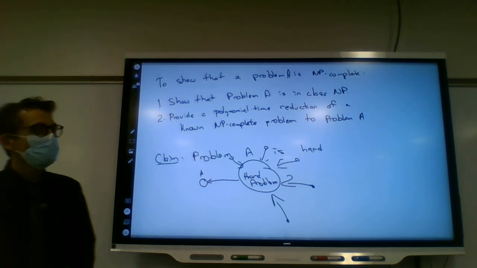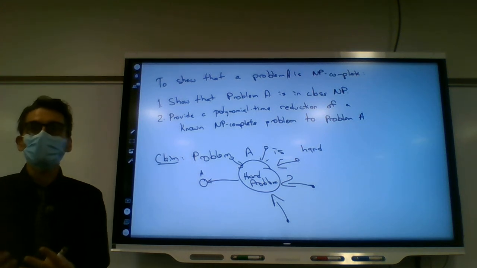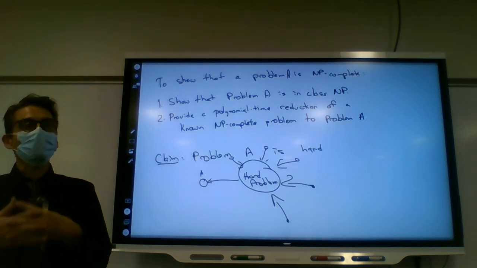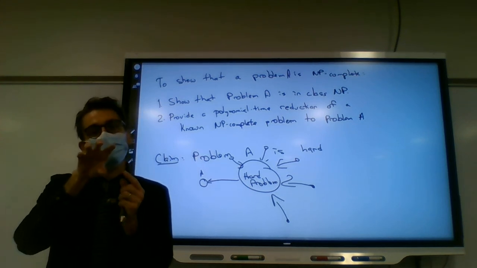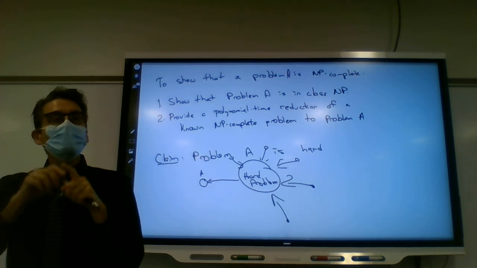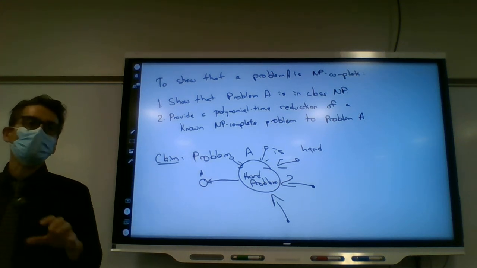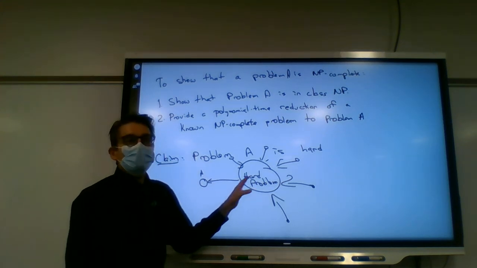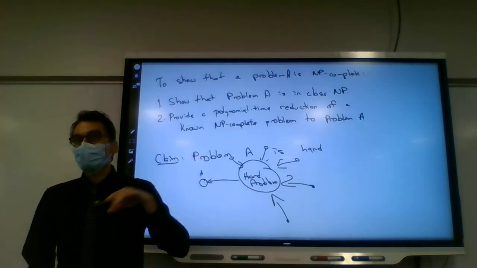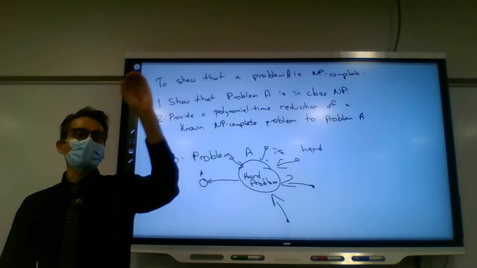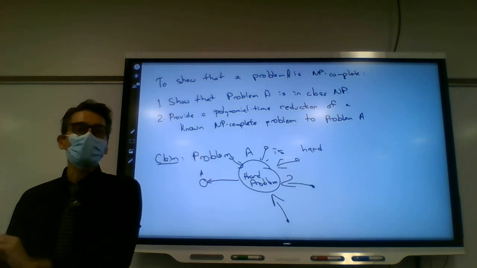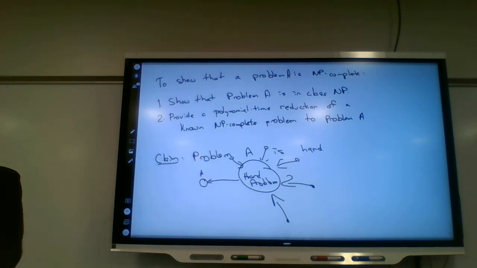Cook's theorem gave us a starting point, a single problem. From that point, all you have to do is figure out how to turn that problem into something else. Sometimes there are long chains where people have proved NP-completeness of certain problems, and Cook's theorem, satisfiability, is way off in the past somewhere. It's like a chain of things to get you down to this point. That one can't be proved in this method. For all of the others, this is the approach that we take.